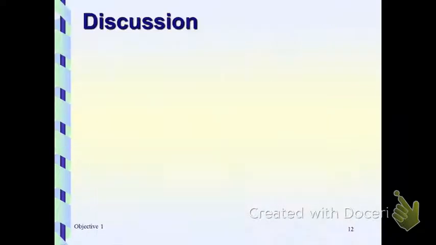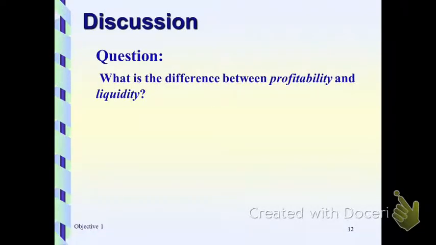So that brings us to the end of Objective 1 for Chapter 1. As we look back on Chapter 1, a question that you should be able to answer from this chapter is, what is the difference between profitability and liquidity? You must be able to explain this difference in order to ensure that you have grasped two of the major concepts relating to this objective in the chapter.